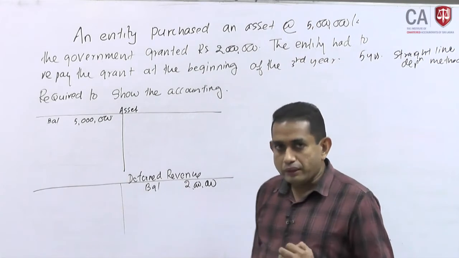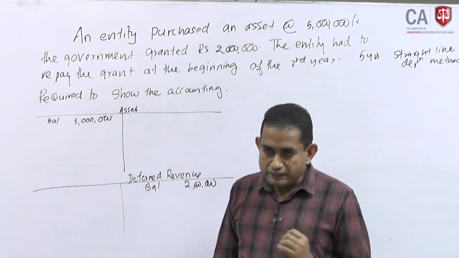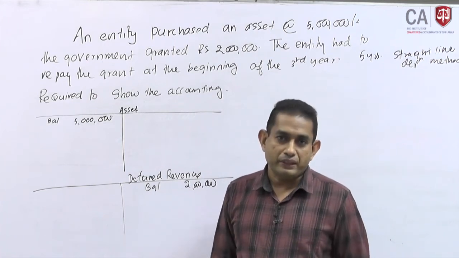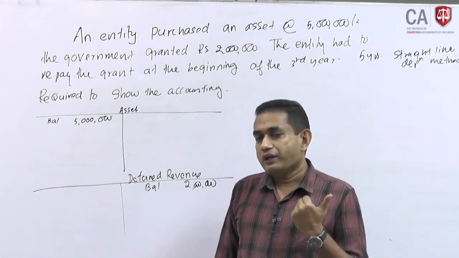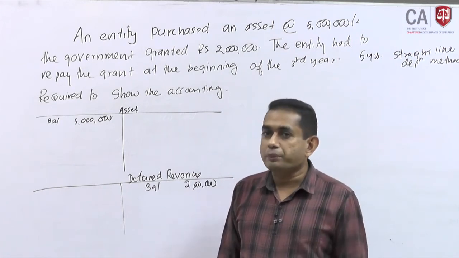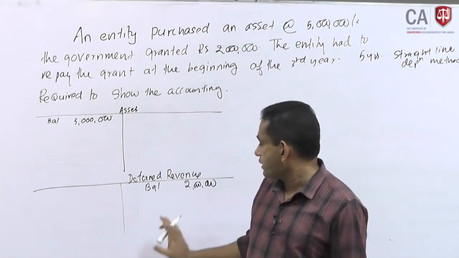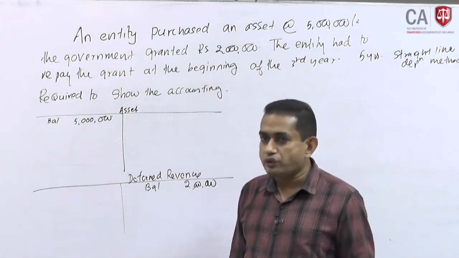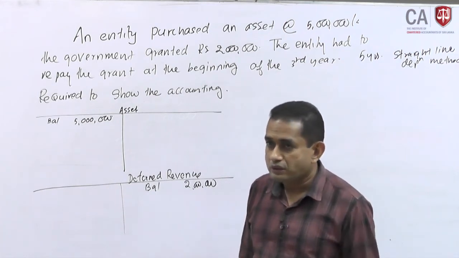Now, under the deferred revenue method, the balance in the deferred revenue account needs to be released to profit and loss gradually, in bits and pieces, over the lifetime of the asset using a method consistent with the depreciation method. That was the straight line method over 5 years. Of this 2 million, how much would have been transferred to profit and loss annually? 400,000. How many 400,000s would have been transferred? 2.